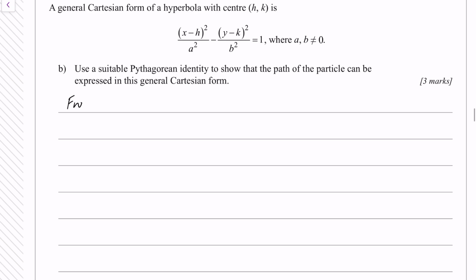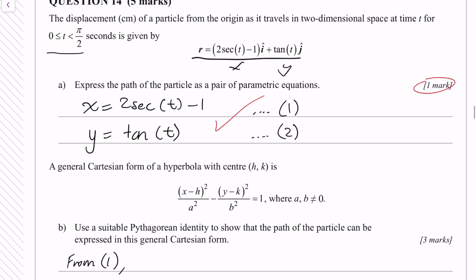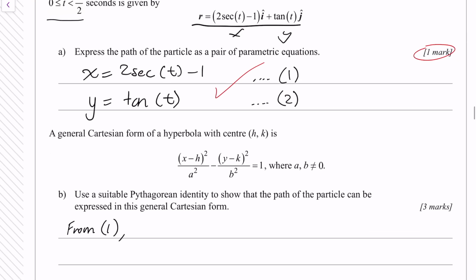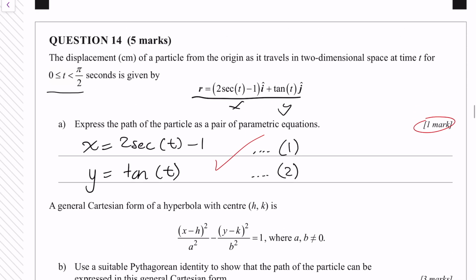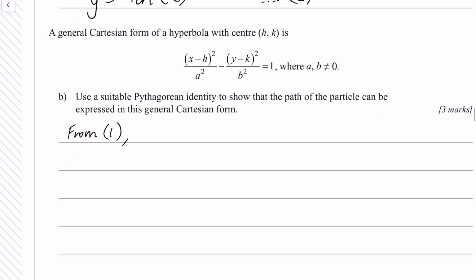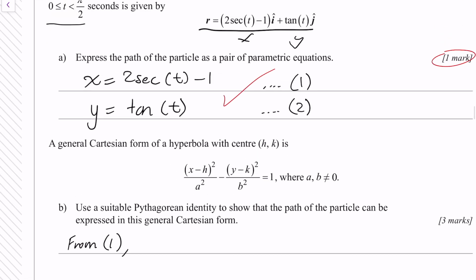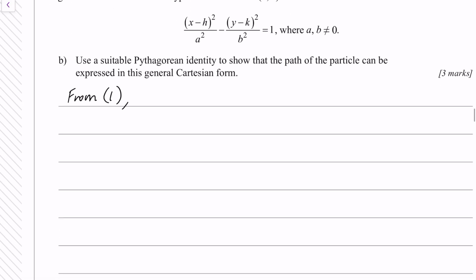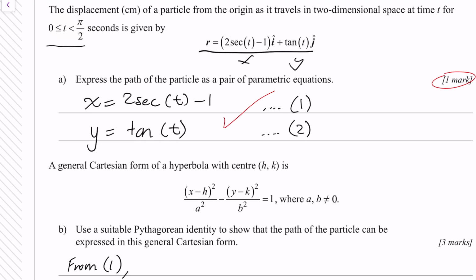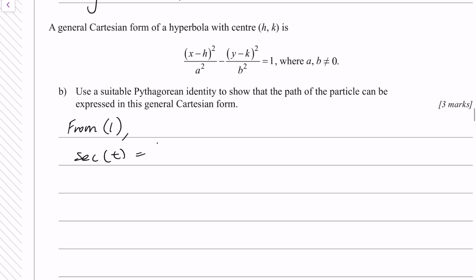So from 1, we can basically transpose this first equation to get sec t on its own. So sec t, well, if we plus 1 on both sides and divide by 2 on everything, that would be x plus 1 over 2.